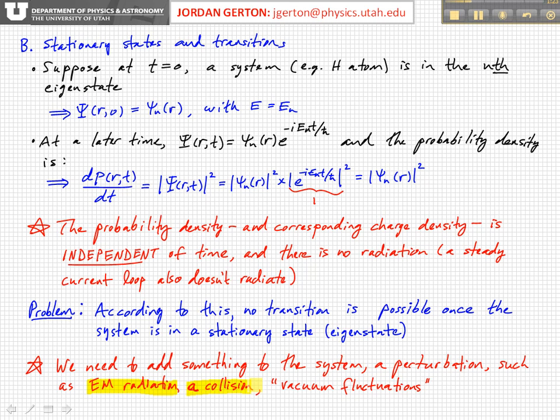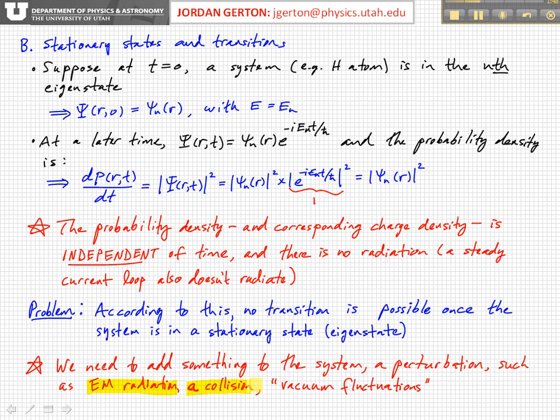It could even be vacuum fluctuations. That is, even if you have the particle completely isolated from its environment in a vacuum, and it's in the dark, so there's no electromagnetic radiation, and it's shielded from stray electric and magnetic fields, so there's no external fields, there's still something called vacuum fluctuations, which is a very deep concept related to virtual particles.